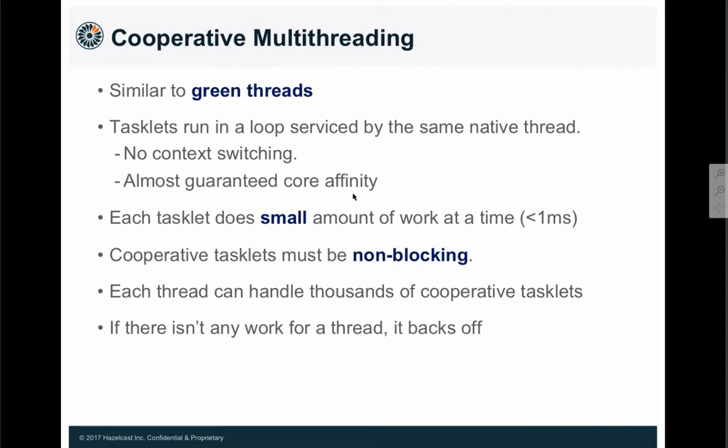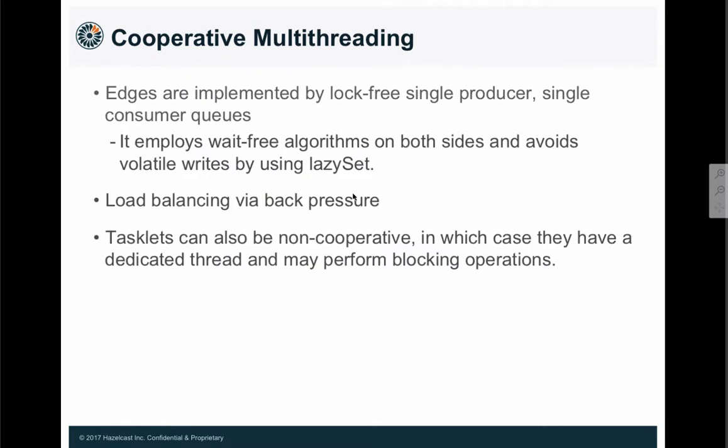One of the requirements is that these tasklets must be non-blocking. If none of the tasklets have any work to do for its operating system thread, it will back off, which ensures that we don't do busy waiting. In terms of edges between vertices, this is implemented using lock-free single producer, single consumer queues, also known as ring buffers.